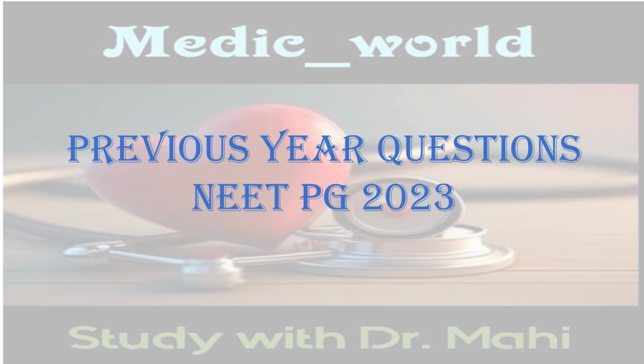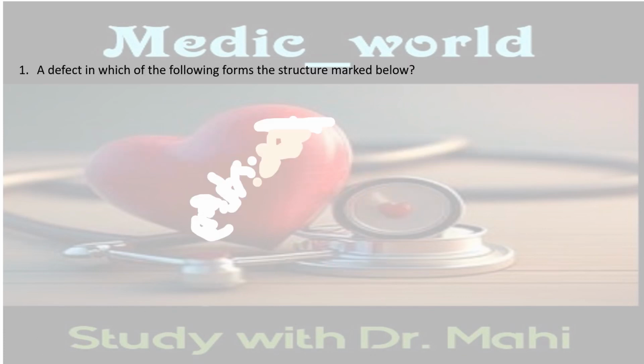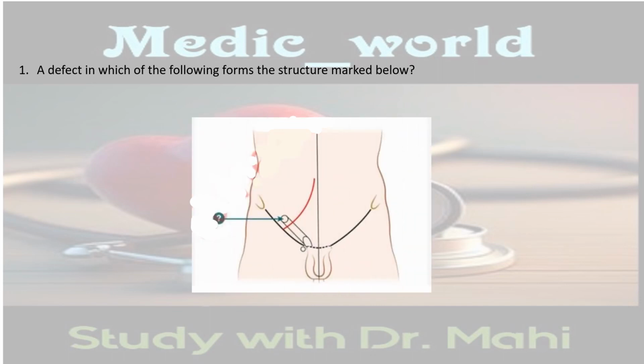Today we are going to discuss the previous year questions of NEET PG 2023 of the subject Anatomy. So let's start with our first question, that is, a defect in which of the following forms the structure marked below?